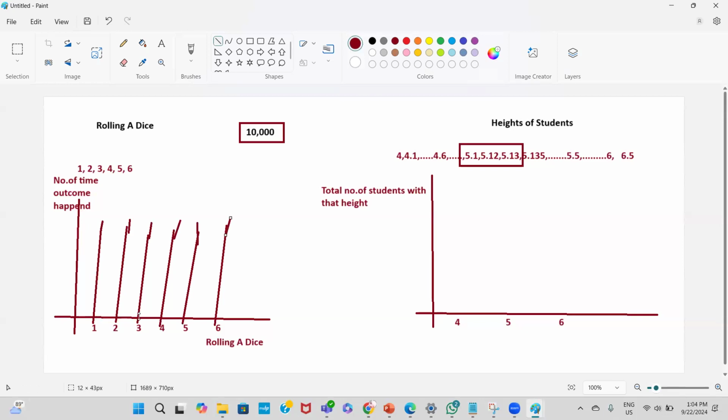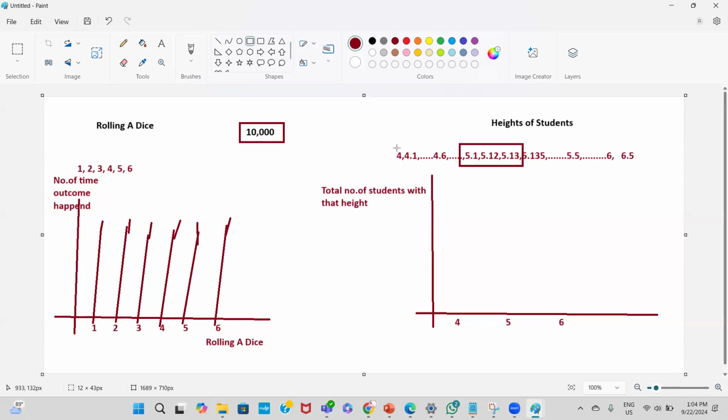But if you look at this case, let's calculate the probability of getting a height of 4.1. It depends on the total number of students.